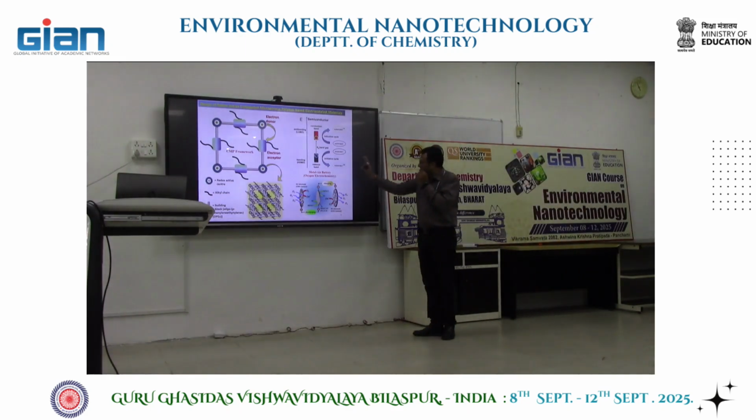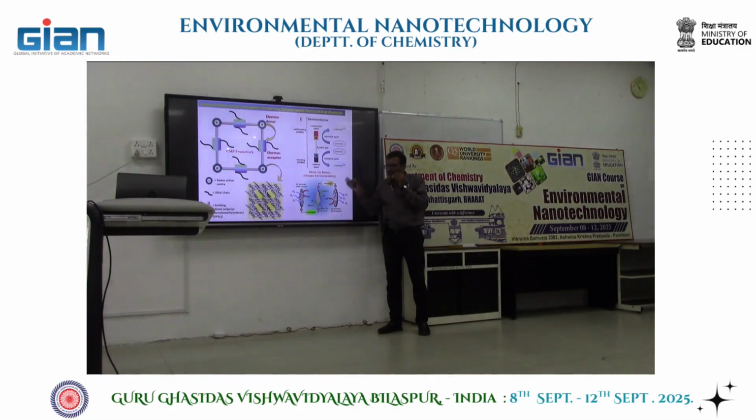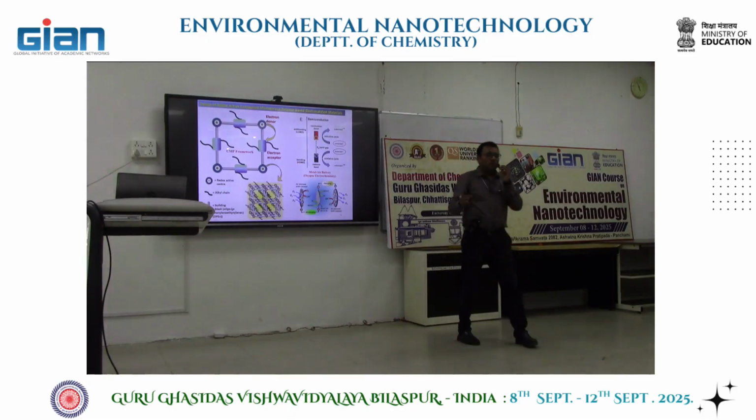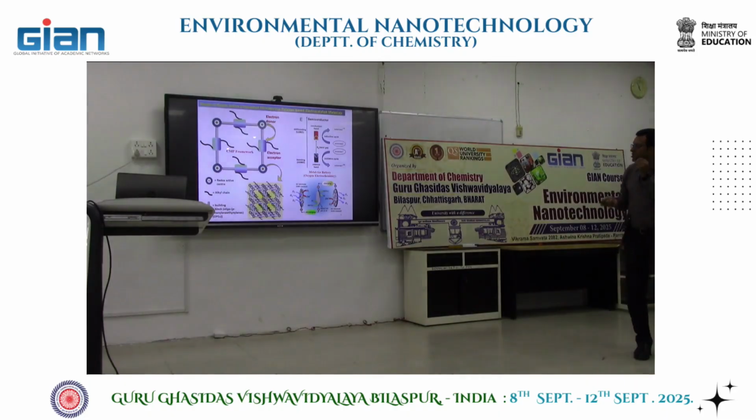So this is again the design principle. Now I'll be going through a proper investigation of how you can have the property of ORR and OER catalysis in a molecule or in a material which can perform both the reactions.